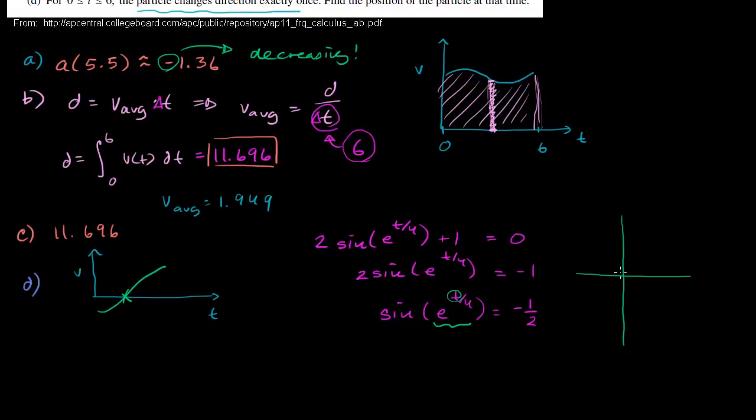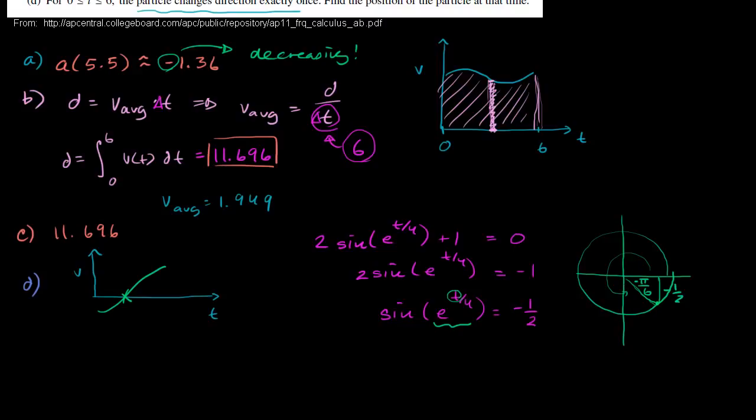If the sine of something is -1/2, there are 2 points on the unit circle where that holds. It's right over here, and you could view this angle as negative pi over 6, or as 2 pi minus pi over 6, if you want to go all the way around.